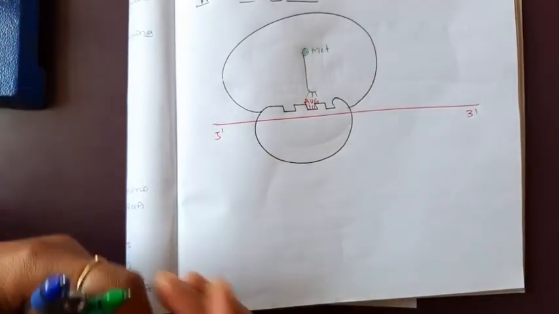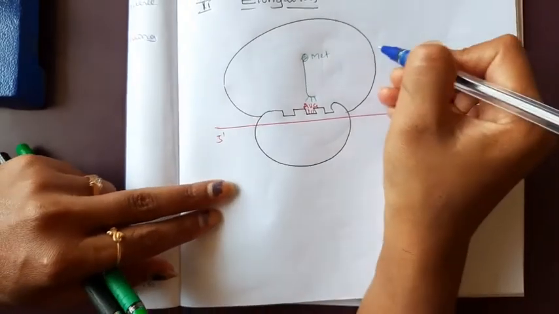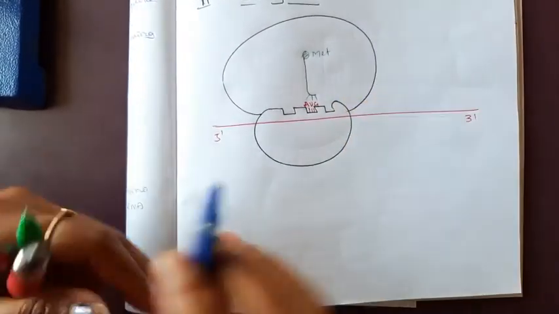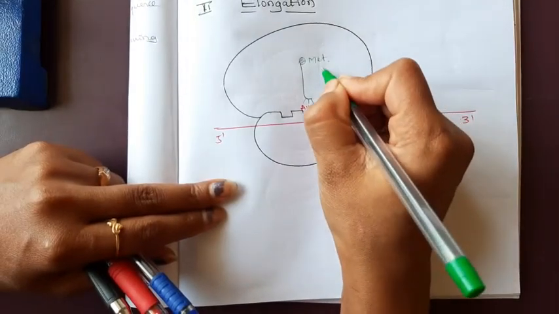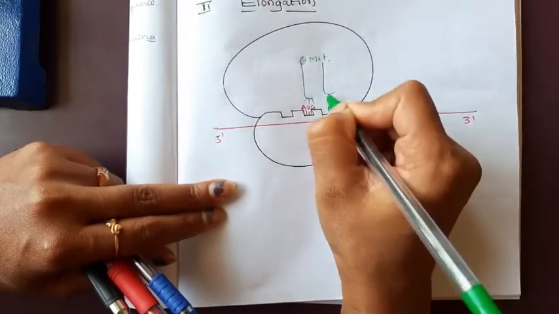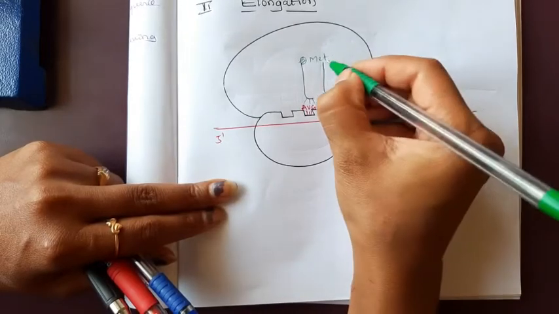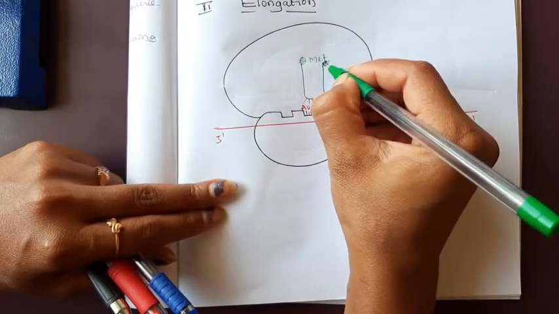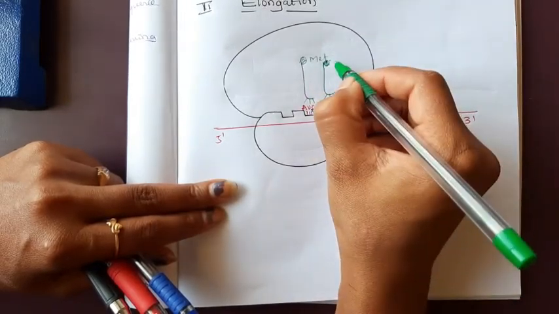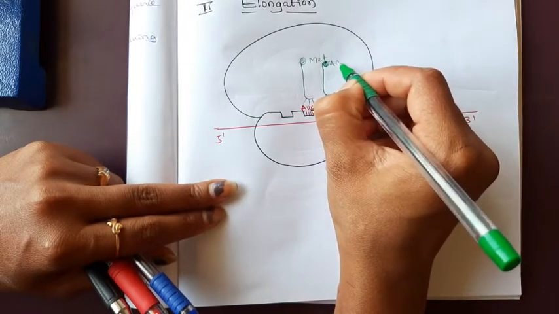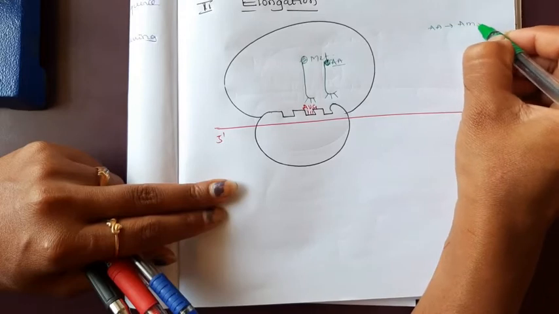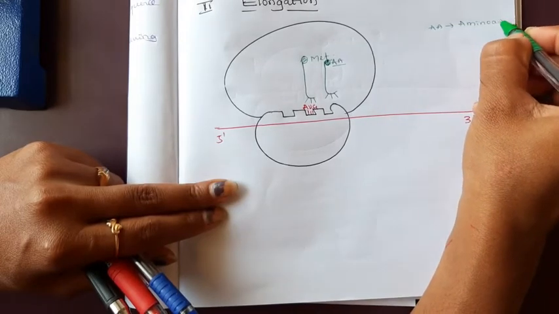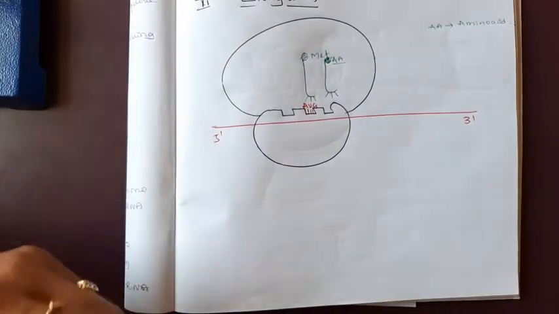During this elongation process, another amino acid will be brought by the tRNA. I will draw here. This is the second tRNA with amino acid. I will just write AA, in the sense amino acid.